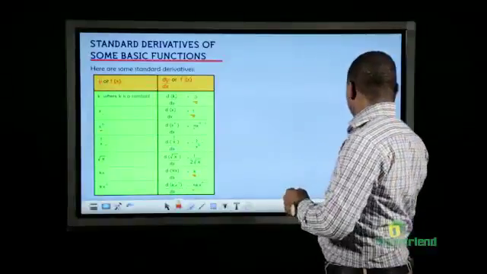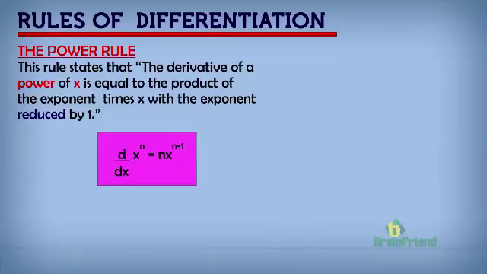Let's go on to learn about the rules that govern differentiation. Now, there are certain rules that govern differentiation as a process. The very first rule, and one of the most fundamental rules, is the power rule. The rule states that the derivative of a power of x is equal to the product of the exponent times x with the exponent reduced by 1.